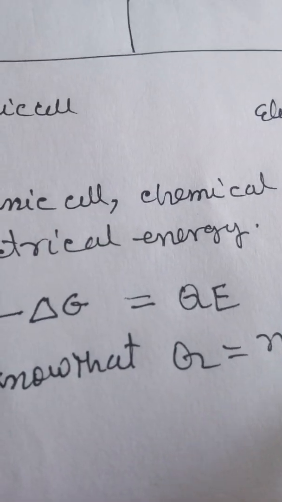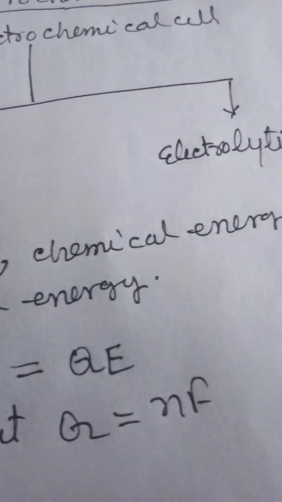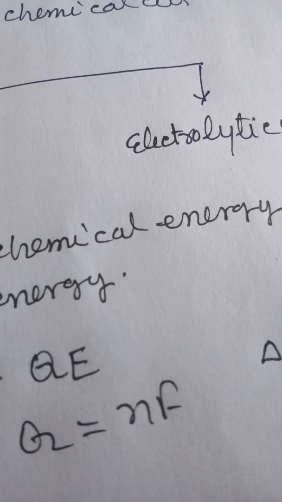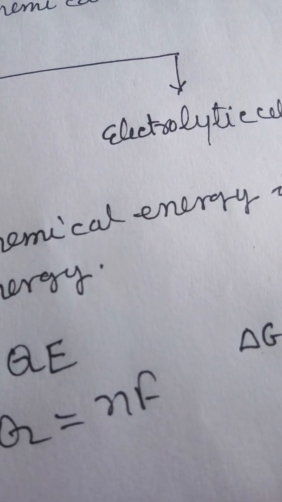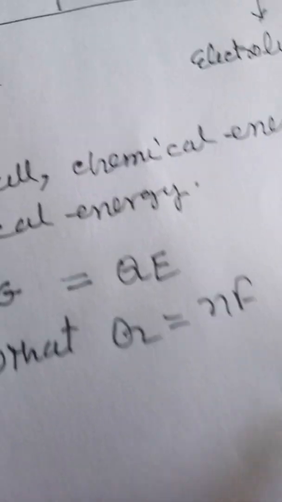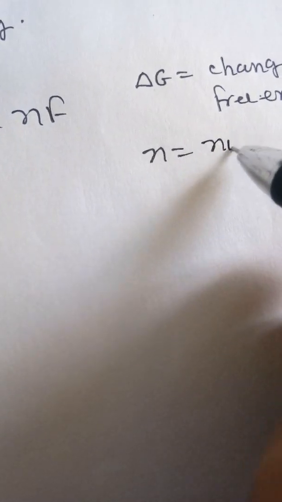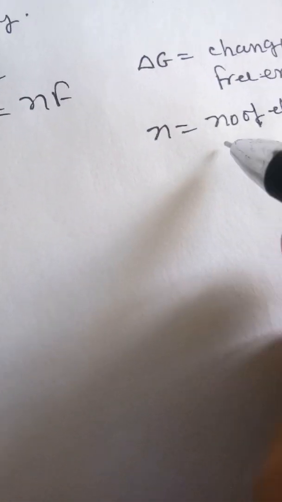What is n? First of all, you should know delta G is the change in free energy, and n is the number of electrons transferred.